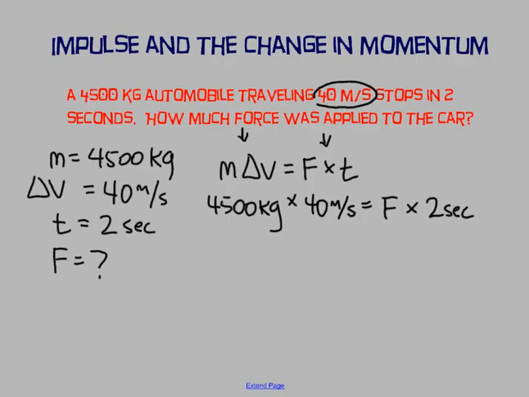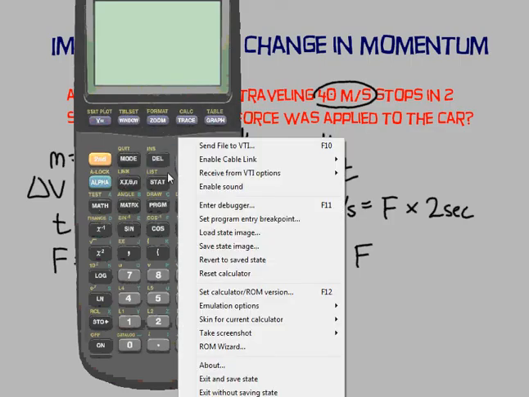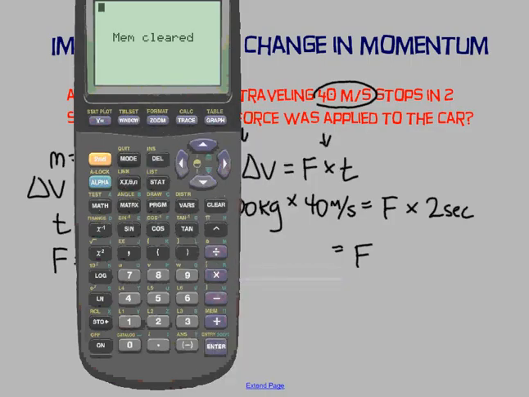Now this is simple. 4,500 times 40 divided by 2 seconds, and you're going to get F by itself. We'll just do it quickly on our calculator. All right, so we had 4,500 times 40 on the left side. We hit enter. We're going to divide it by 2 seconds.